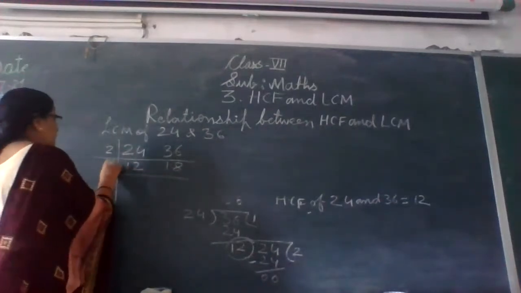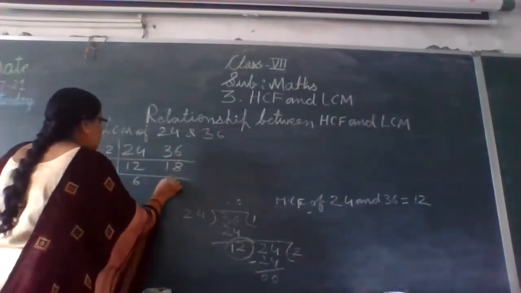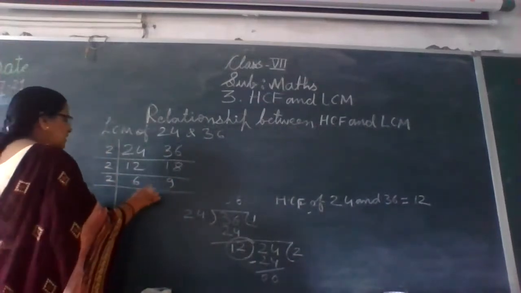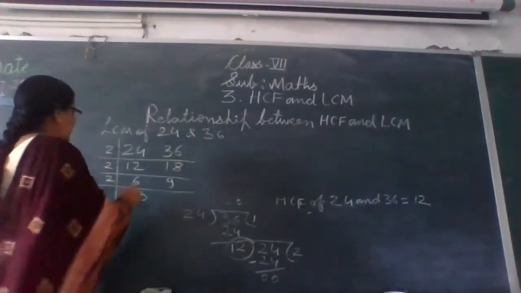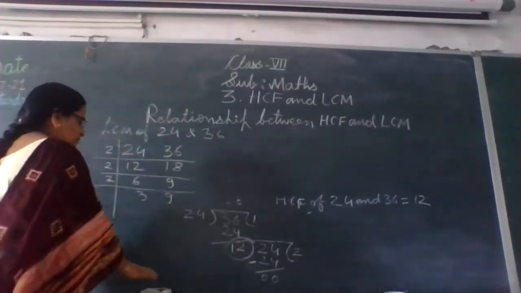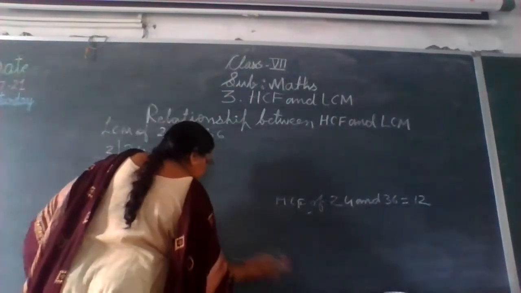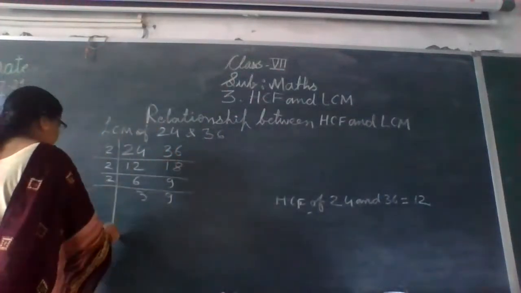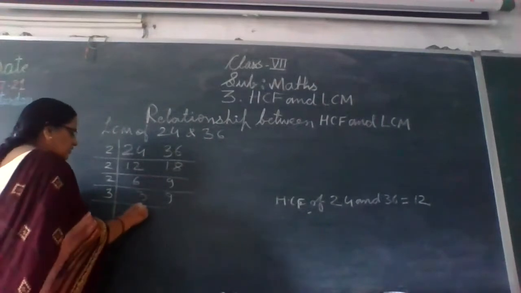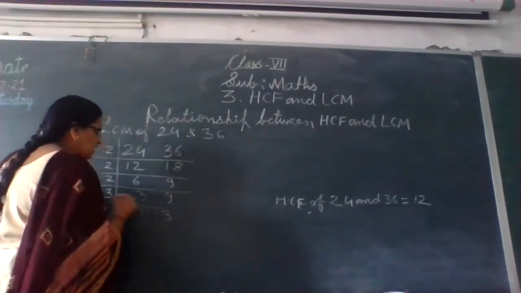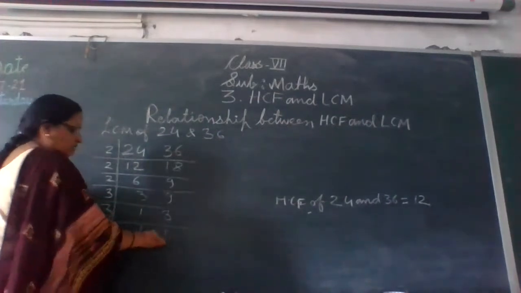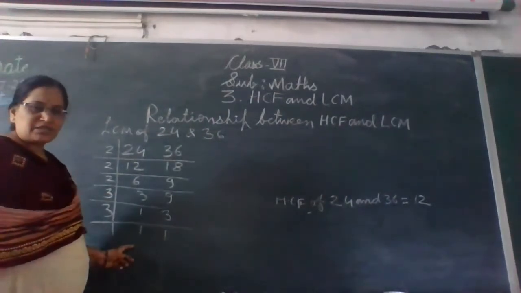Again 2 sixes are 12, 2 nines are 18. 2 threes are 6. Okay, 9 is not a multiple of 2, so write down the number as it is. Next prime number is 3. 3 ones are 3, 3 threes are 9. Now see, the remainder is 1.